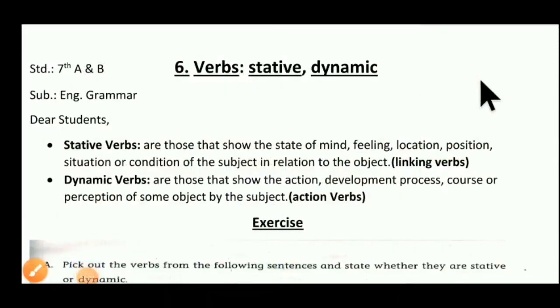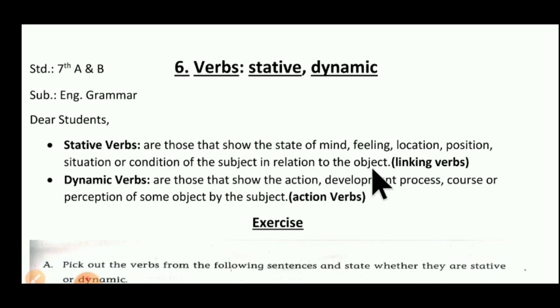Now, students, we have to do an exercise related to stative and dynamic verbs. In our previous screen, we studied stative and dynamic verbs. Stative verbs are those that show the state of mind, feeling, location, position, situation or condition of the subject in relation to the object.